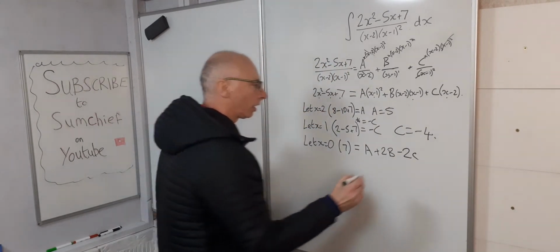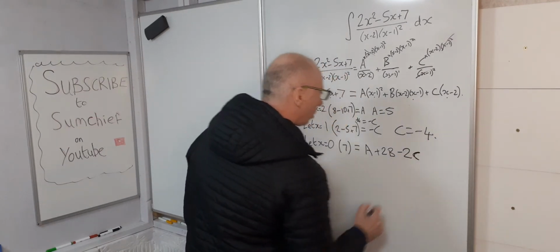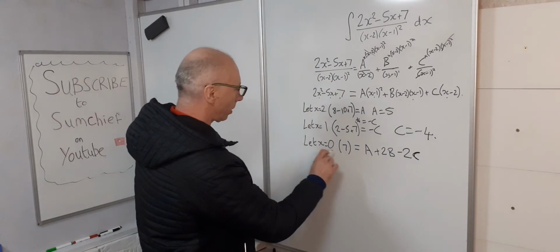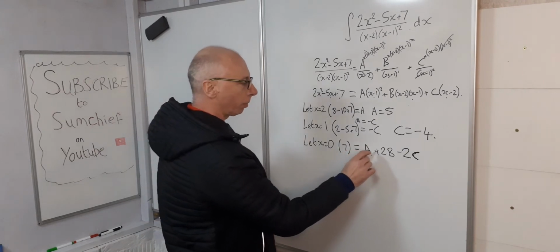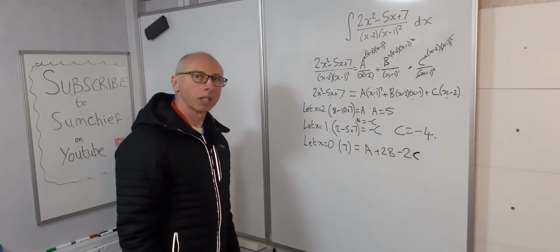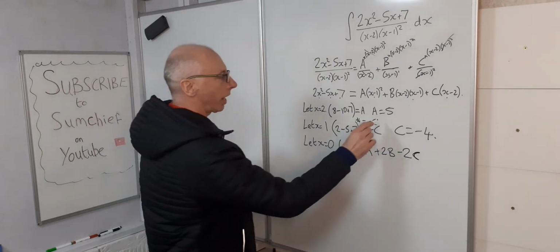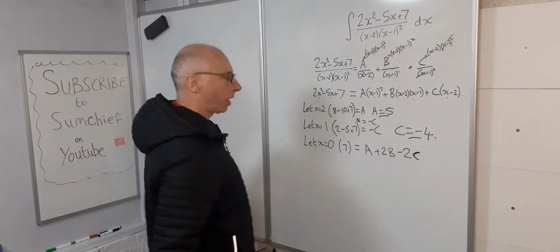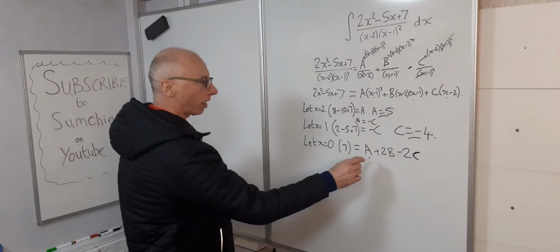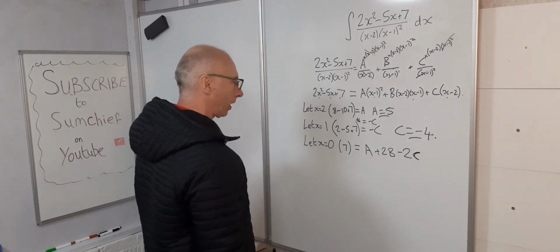Okay, so now we're left with this, that 7 equals a plus 2b minus 2c. So we know a is 5, c is minus 4. So that gives us a nice little leg up here now, working out the answer to this.